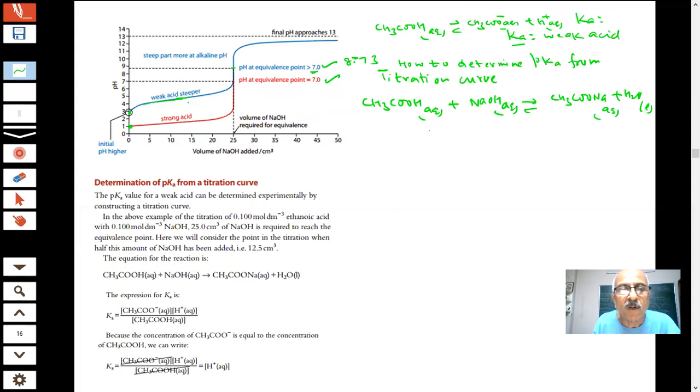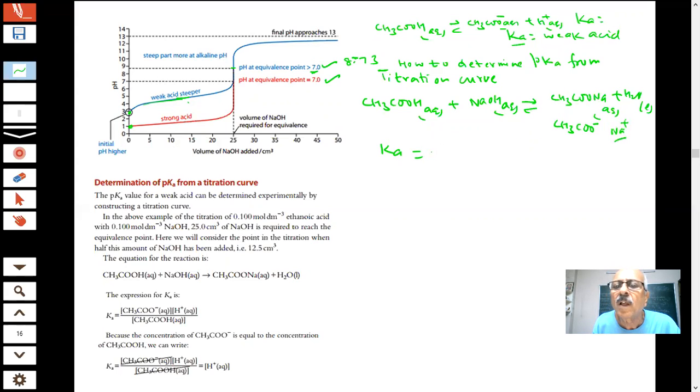This is the expression now. So what will be the expression if I write the Ka for this? Na+ has nothing to do, because Na+ is a spectator ion.